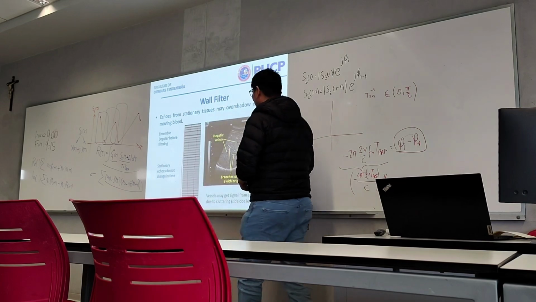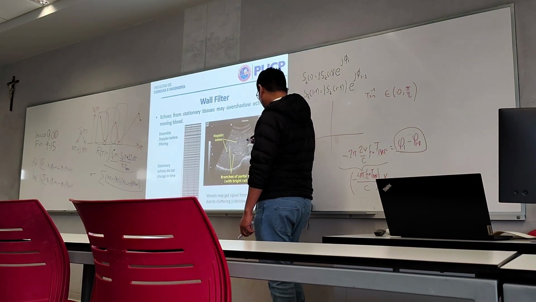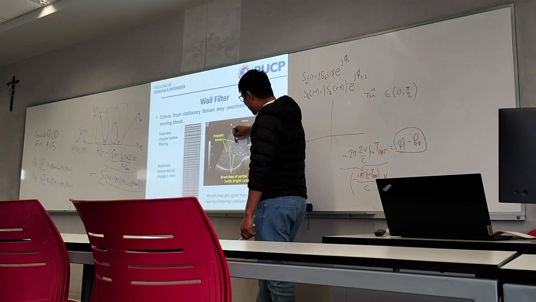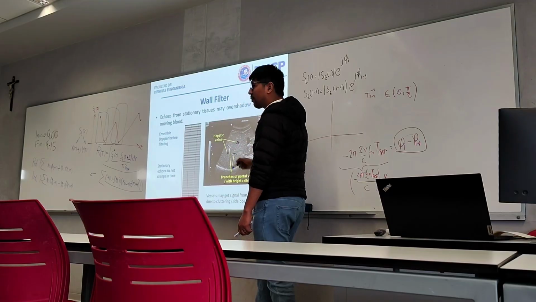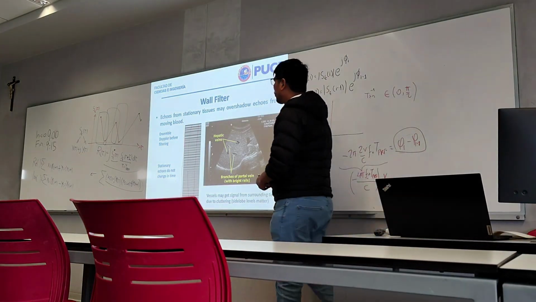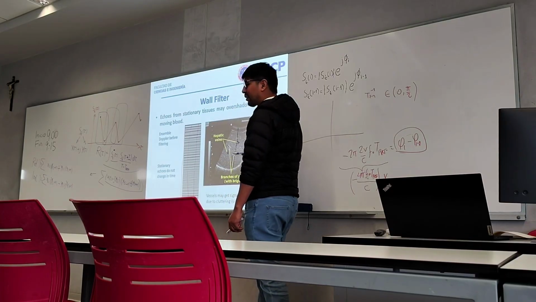It's like in a liver, for example, that change will occur around this area, the area where there are vessels. And this wall filter refers to, okay, how can we eliminate all the signals that come from regions that are not moving?